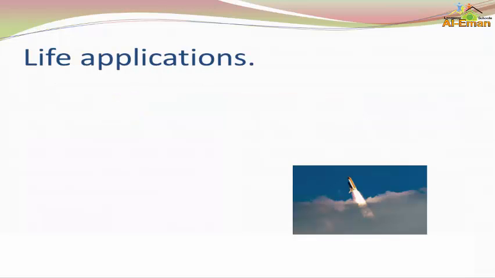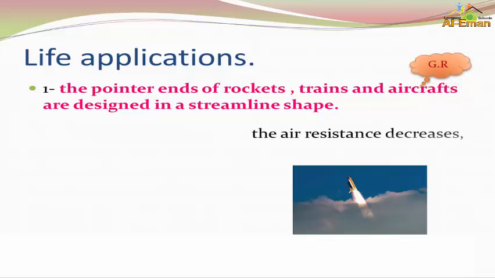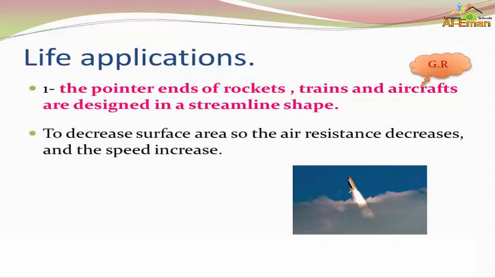As applications of air resistance, we can see that the pointed ends of rockets, trains, and aircraft are designed in a streamlined shape. Why are they designed in a streamlined shape? To decrease surface area, so the air resistance decreases and the speed increases.